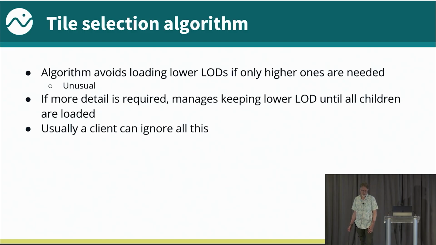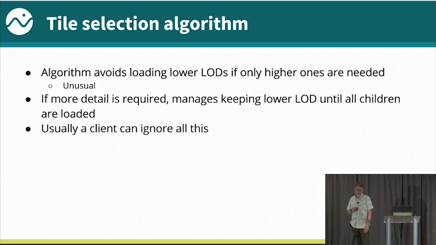And the tile selection algorithm in Cesium Native is pretty hairy. It's unusual in that it tries to avoid loading the whole pyramid of LODs. It really tries to only suck down those tiles that are needed at any one time.